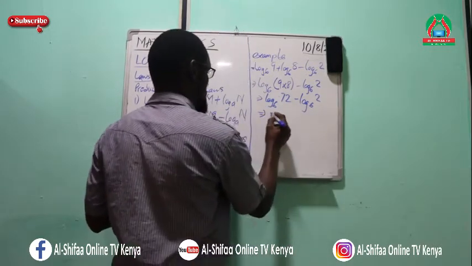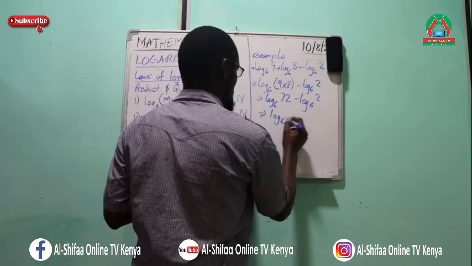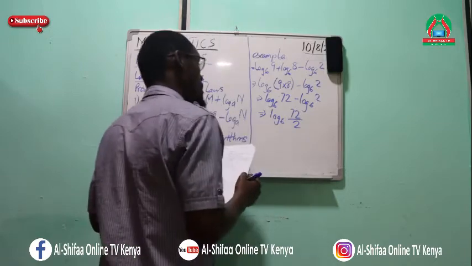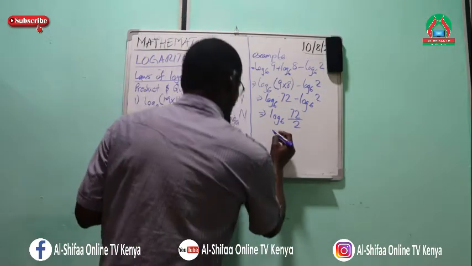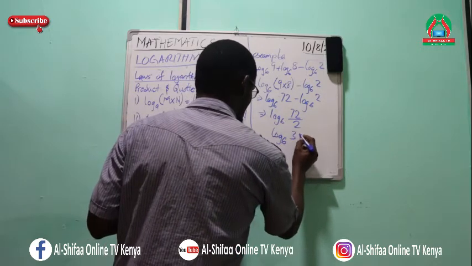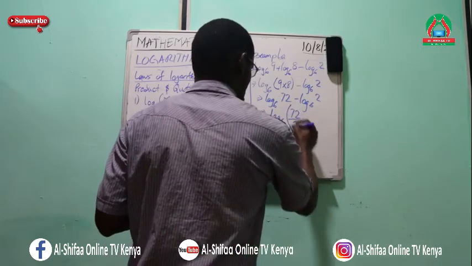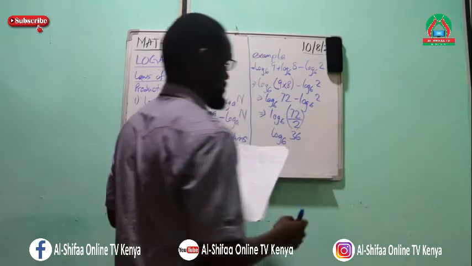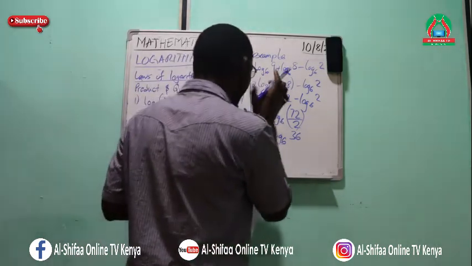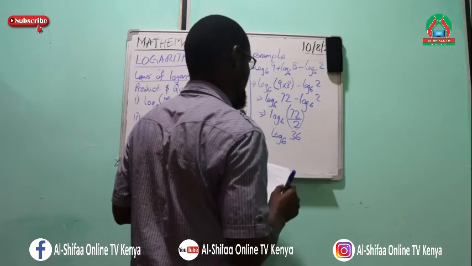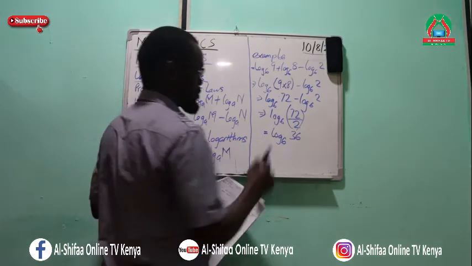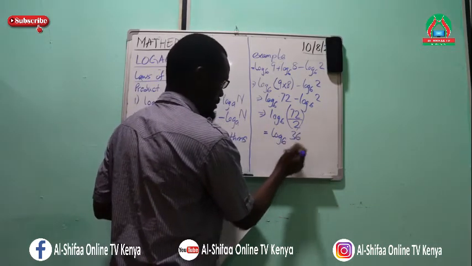So this gives us log the base 6 of 72 over 2, which is equal to log the base 6 of 36. When you divide, you get 36. So up to there, we have now to find the log.